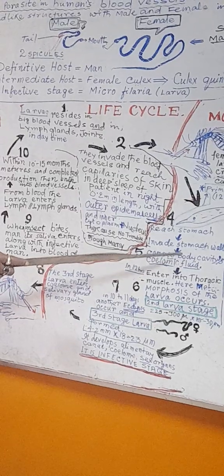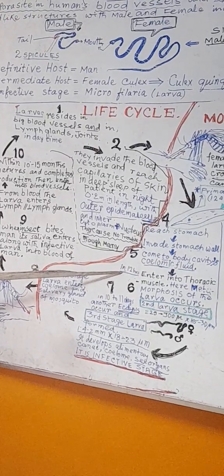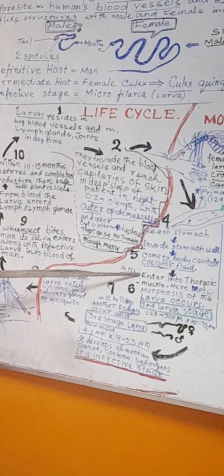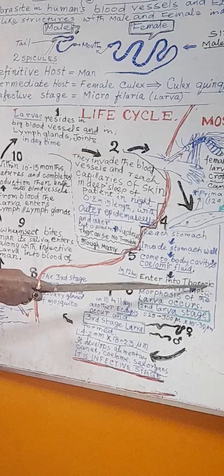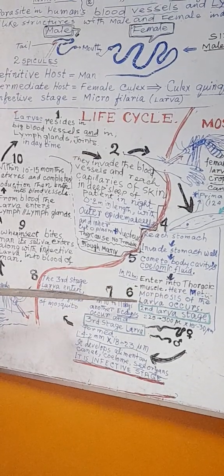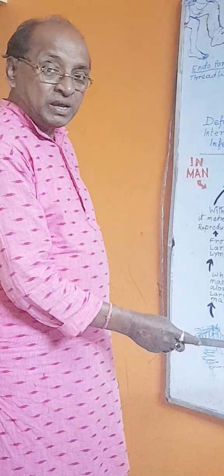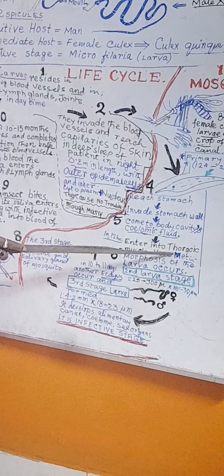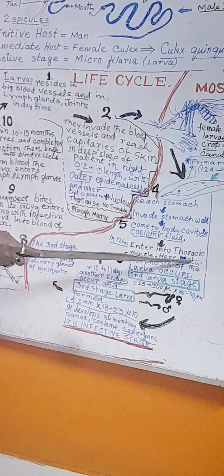Then this larva enters into the second stage, within 12 hours. Within 12 hours, it enters into the thorax muscle, where the legs are present. In those areas they enter the thoracic muscles, the breast muscles.